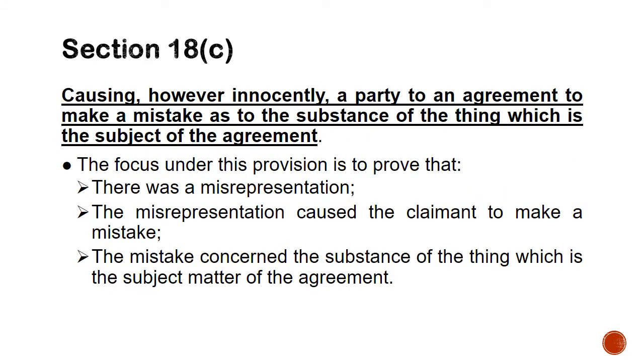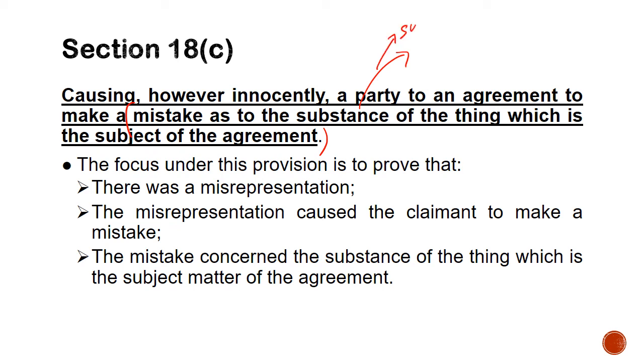18C is causing another person to make a mistake as to the substance of the thing which is the subject of the agreement. So the key is determining what is the substance of the thing which is the subject of the agreement. So here we are looking at two things.